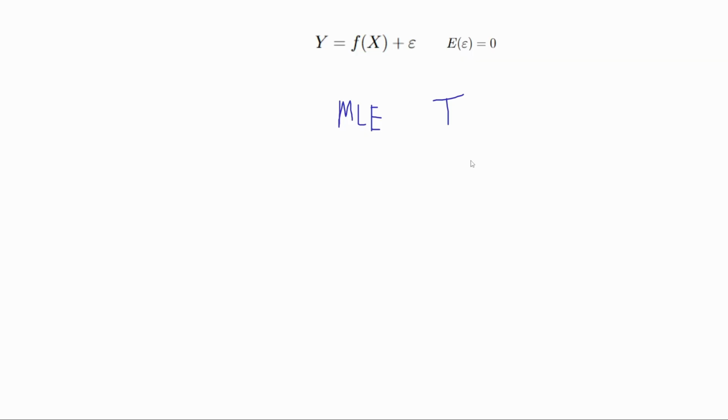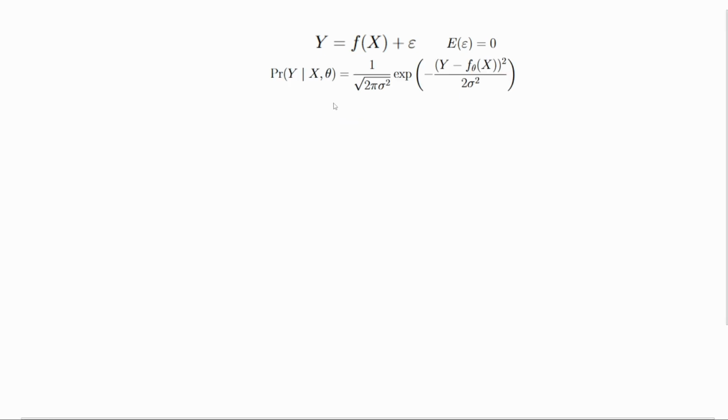Let's assume for now that our outputs are continuous and the noise is Gaussian. So the probability of response y given our data, x, and our model parameters, theta, is given by this expression here. This is just the PDF, or probability density function, of the Gaussian.